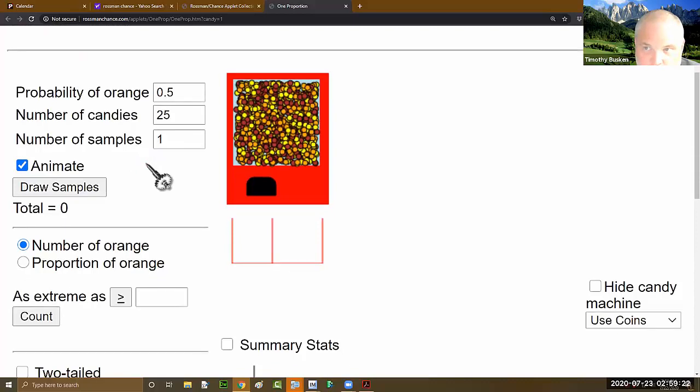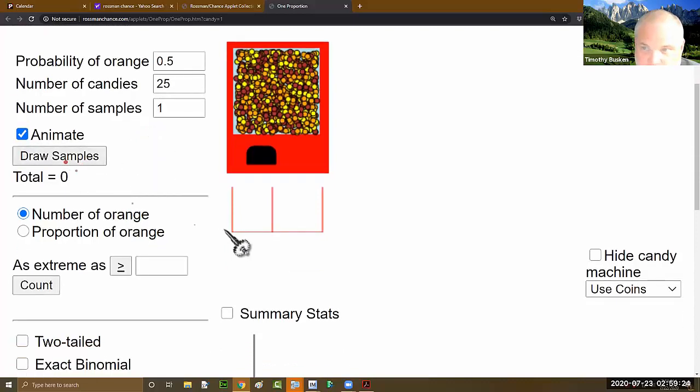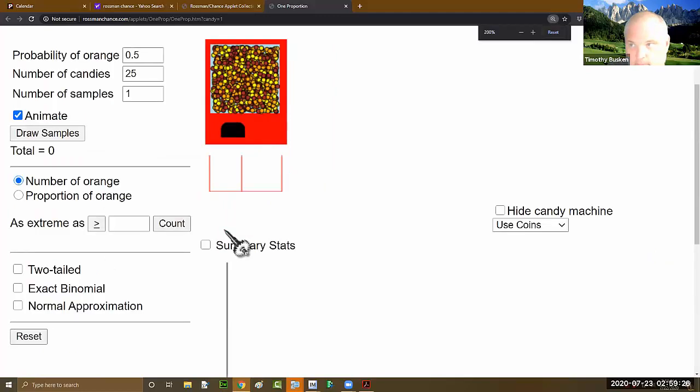And now I'm going to draw a random sample, or the applet allows me to draw a random sample of 25 candies from the device here. And what we'd like to do is measure the percentage.